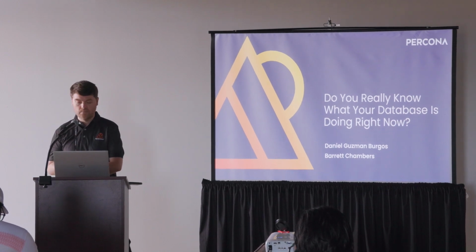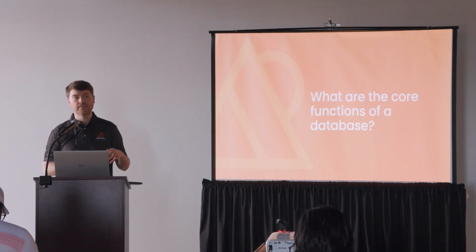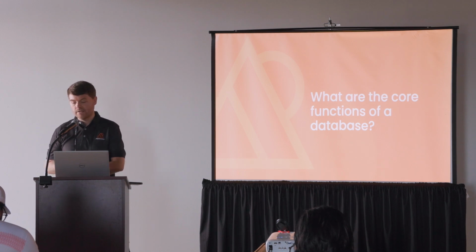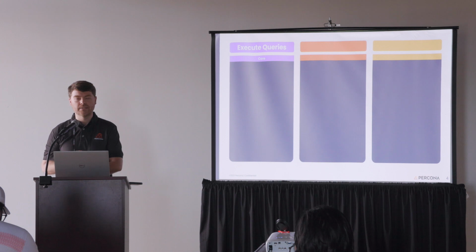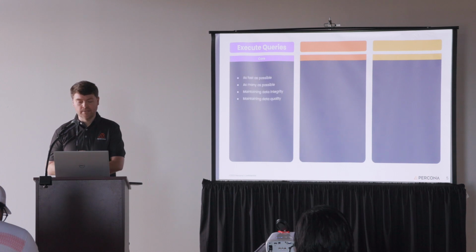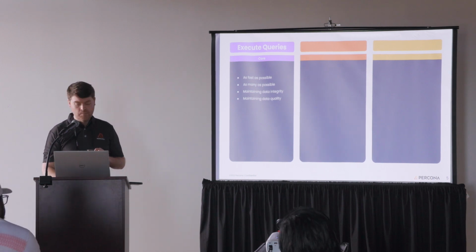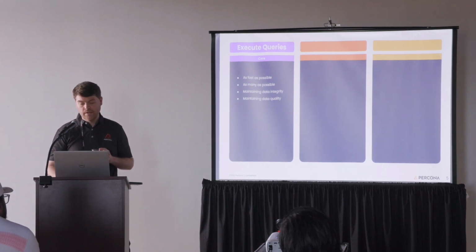So the first thing to understand about what's going on in your database is understanding the core functions of a database. This is pretty simplistic, but we did break it down a little bit. The first thing, obviously, you want your database to execute queries, and you want as many as possible, as fast as possible, while maintaining data integrity.